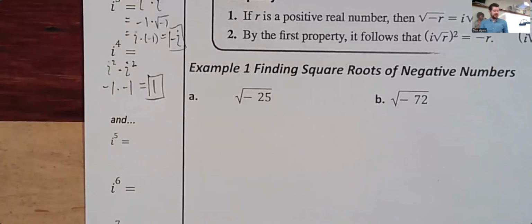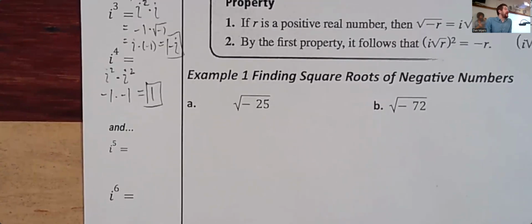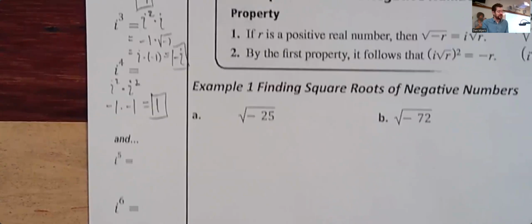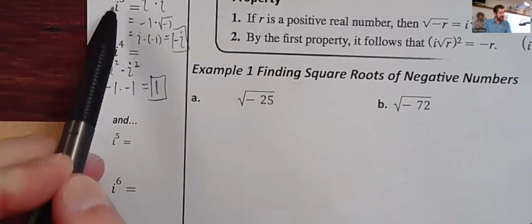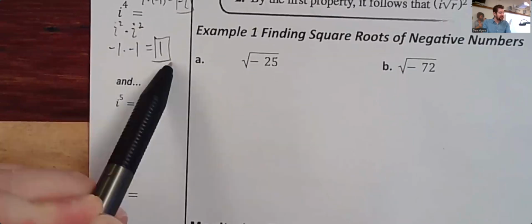So we've got +1 now for i to the 4th power. All right, let's keep going with this. You're going to see a pattern developing, by the way. So we got i squared is -1, i to the 3rd is -i, i to the 4th is 1.